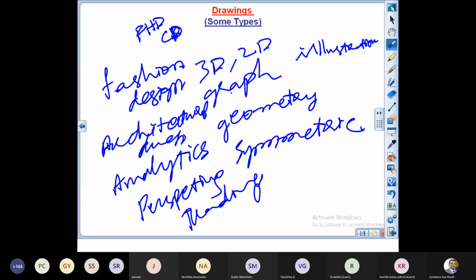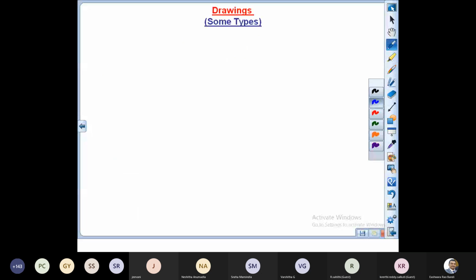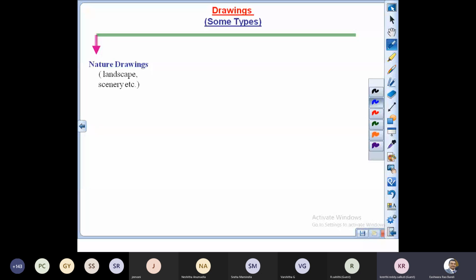Now I'll give you the difference. What is natural drawing? One of the types is natural drawing.